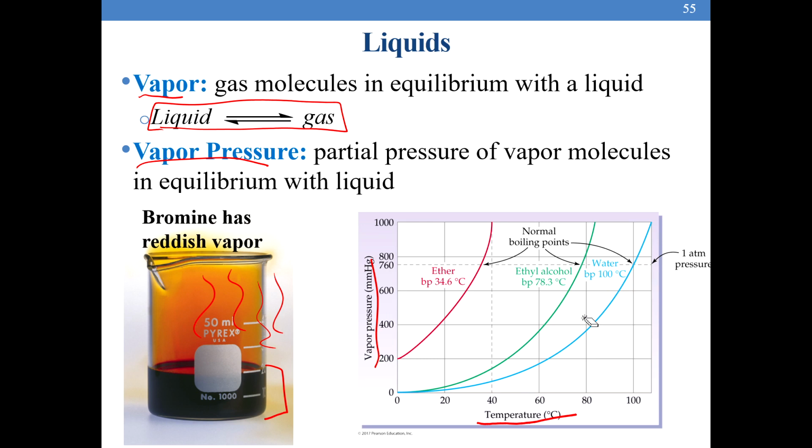Even in the lower region below the dotted line, there is a corresponding pressure in this equilibrium between the liquid and the gas vapor before you even get to the boiling points, which is this horizontal dotted line on the graph. At that point you're going to have even more vapor to add to the pressure, and that's why the pressure continues to increase.